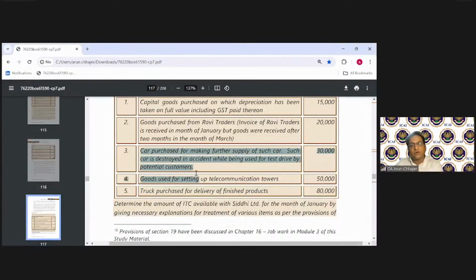Car purchased for making further supply of the car. Such car is destroyed in an accident while being used for a test drive for a potential customer.